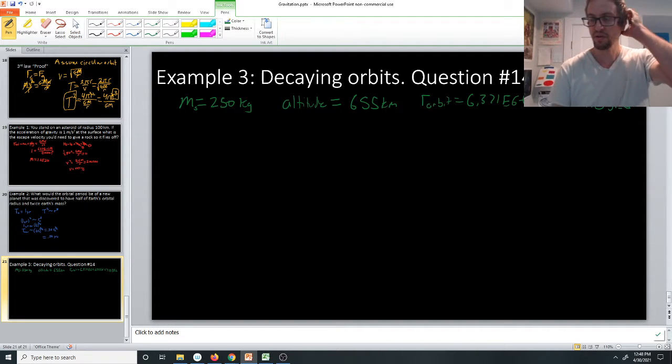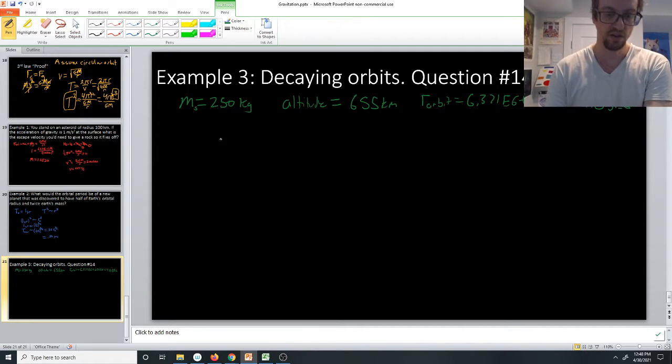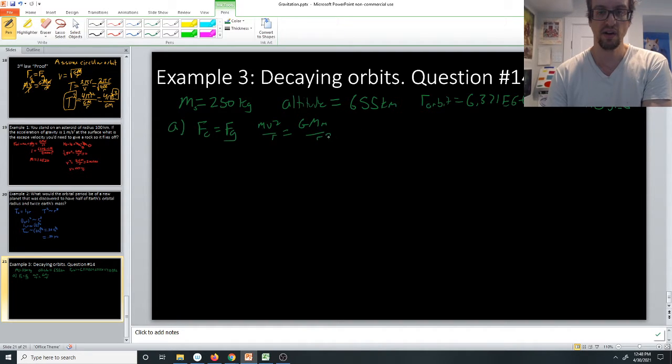Okay, 7.03 E6. So for part A, it asks for my velocity. For orbit, this is a circular orbit, we can fairly assume. So it's just Fc equals Fg, which is mv squared over r equals GMm over r squared.